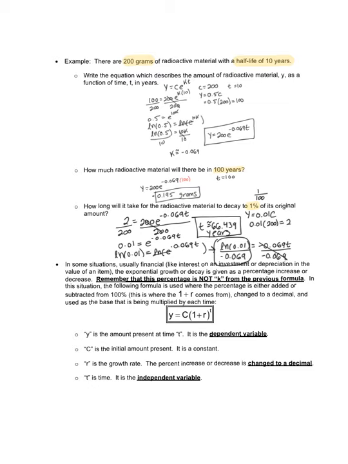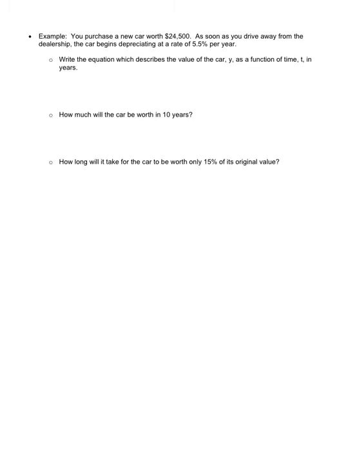The big piece that's kind of changing here is that this percentage is not going to be K from the formula that we used before. It's going to be changed into a value that's going to be added or subtracted from 100, but mostly everything else stays the same. You're going to see the letter R as a growth rate. Again, make sure that we're changing this to a decimal when we're looking at it in our formula.